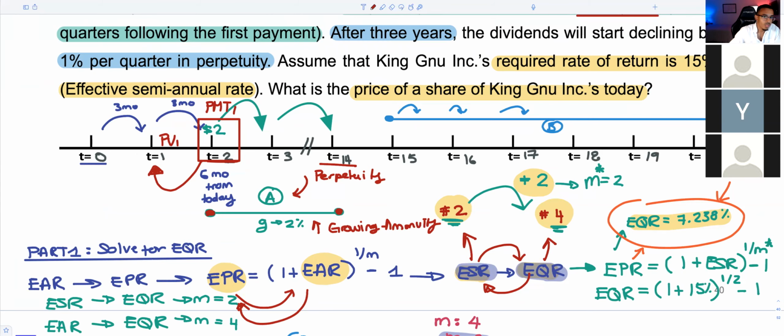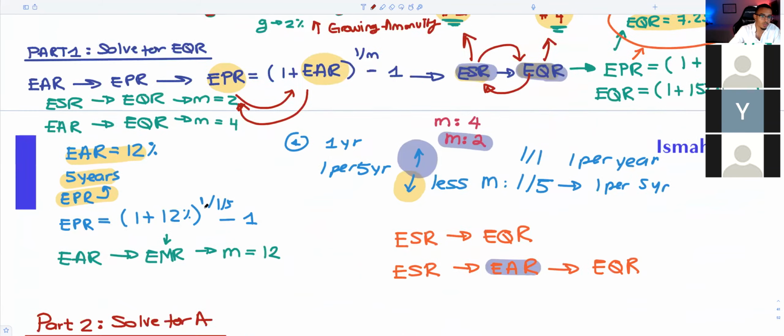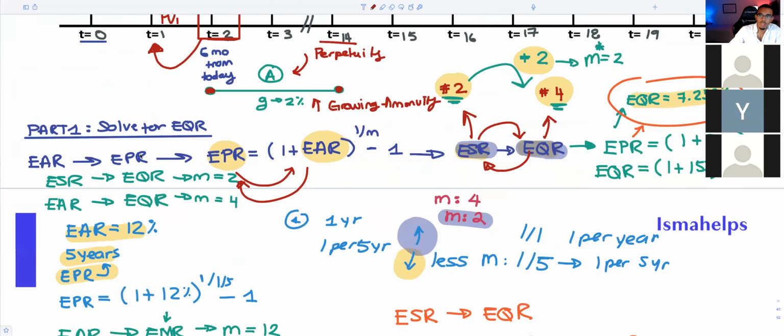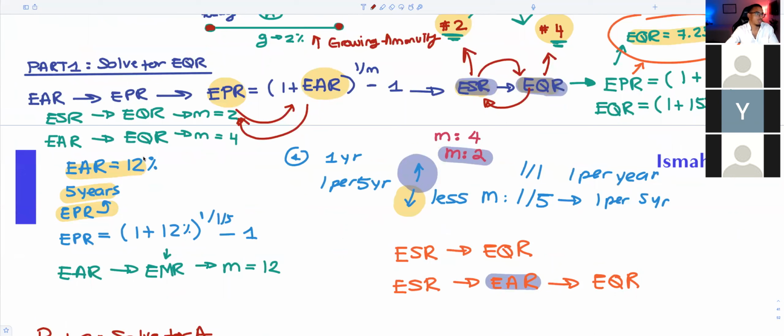So that said, I'd like you to work with me, and we're going to identify the pieces. We know that payment 1 is equal to $2. We're going to look for K, G, and N. So what is K in this case?